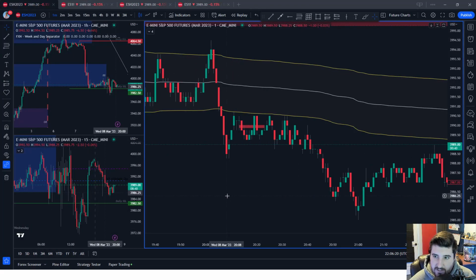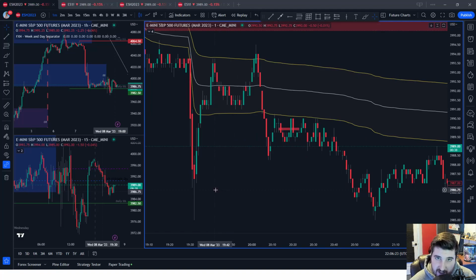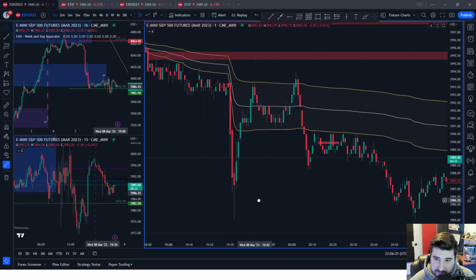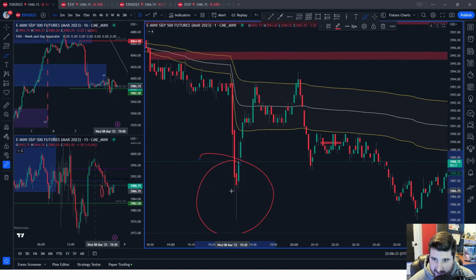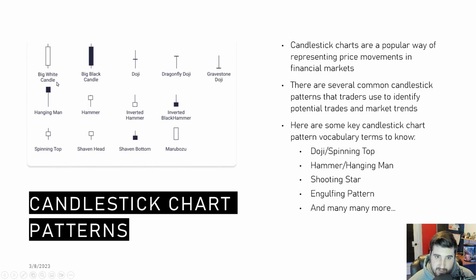So usually, now not always, but usually on a big reversal, you'll have those giant wicks on the bottom. This would be like a hammer. This would be the hanging man or a hammer.